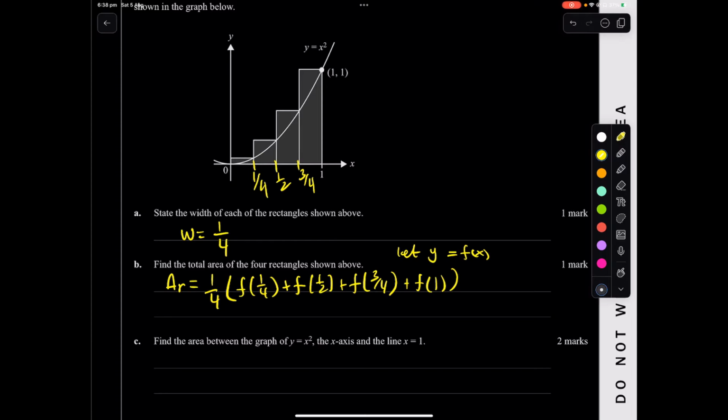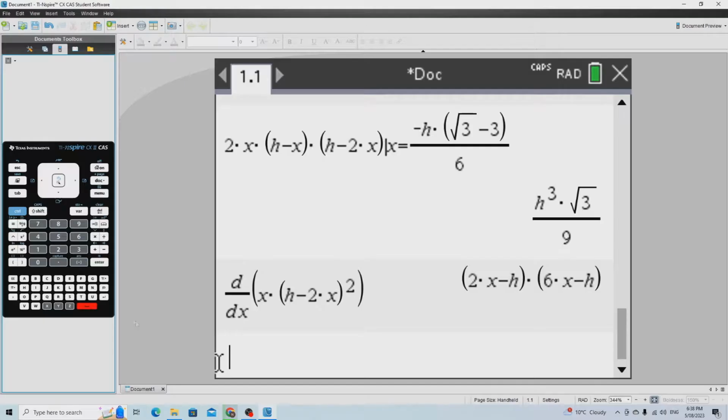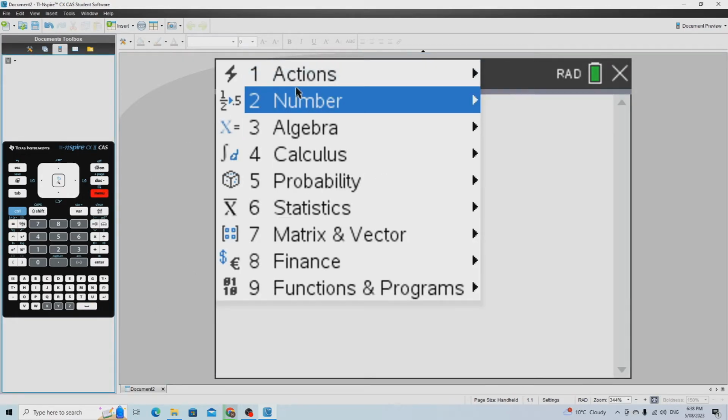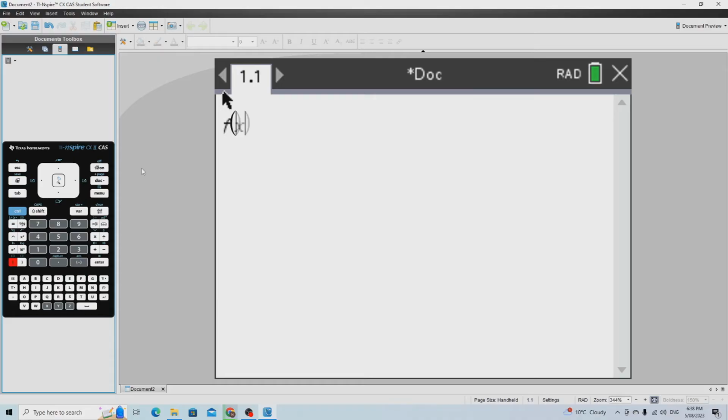So your area, if I use my calculator, let me first define the function. Control N, add calculator, and define f of x as x squared.